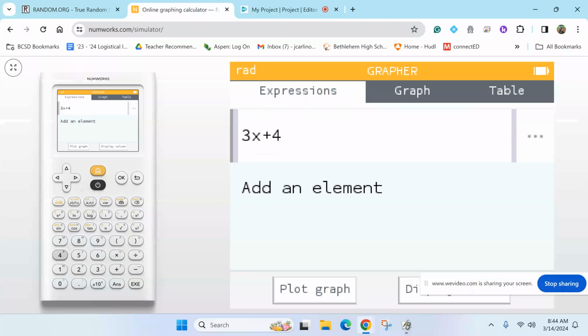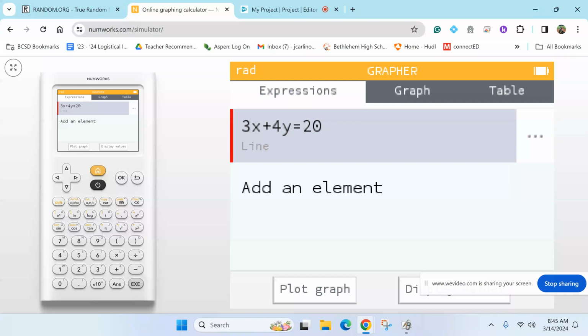You guys know how to get the y. Alpha 3, where the y is, equals, not the pi, equals, what's it equal to here, 20? Once you hit enter, you see how there's 3 dots over there?